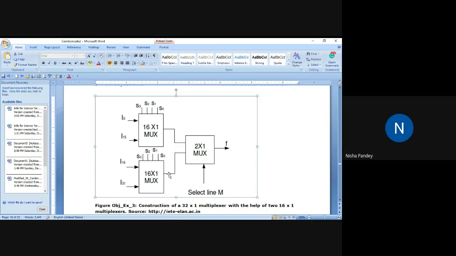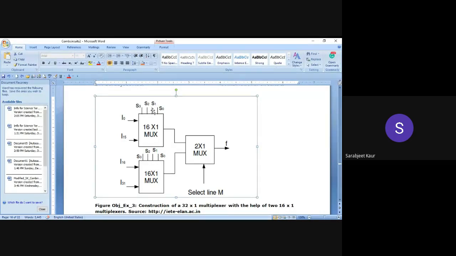No, ma'am. Okay, but I have a problem. These two multiplexers are there, and I can see that there are 32 inputs. But I want this complete unit to behave as a 32 cross 1 mux.